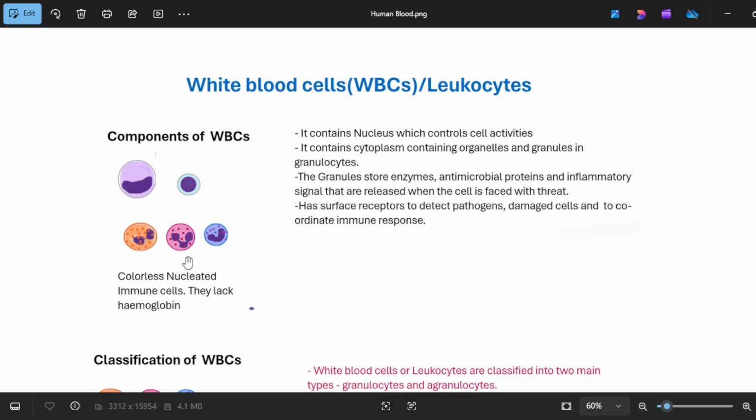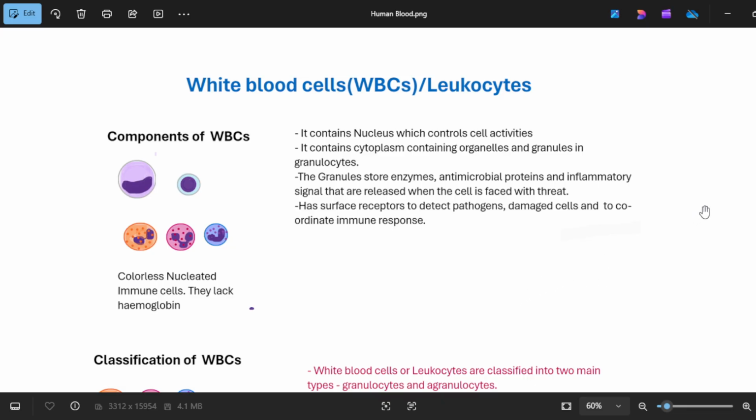These granules store special enzymes which are antibacterial or antifungal, and they use these enzymes for destroying pathogens. That's why these granules are useful. It also has some surface receptors, like antennas, so that it senses any danger in your body.